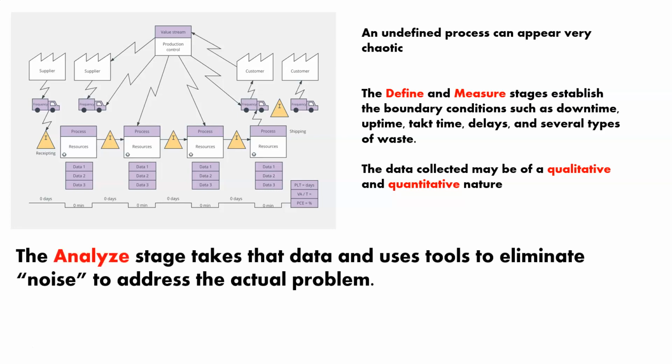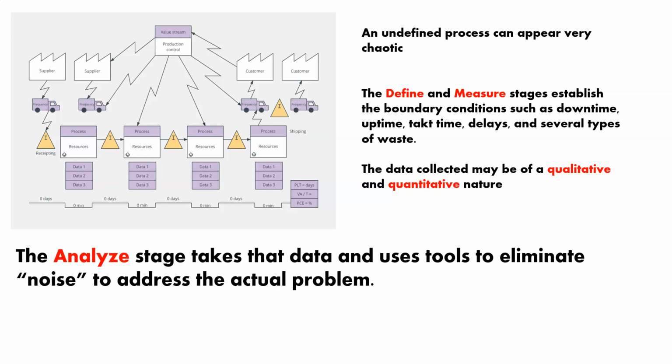Again, the analyze stage takes that data and uses tools to eliminate a lot of the white noise to address the actual problem. We've gone through some of these in other modules, but now I'm going to show you specifically how they apply to the analyze stage.